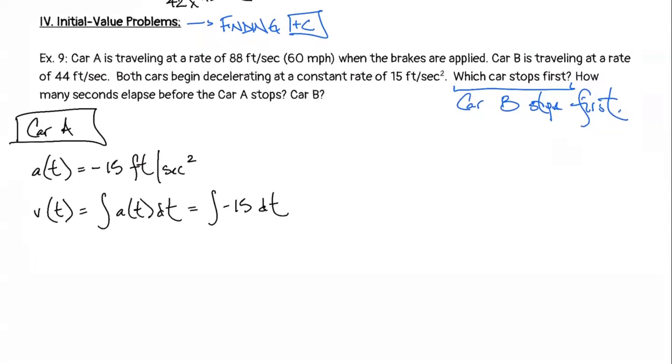Are we okay with what just happened on the screen? We've got velocity. We got that as the integral because it is decelerating. So the acceleration is negative. Yeah, that's why it's negative. Okay.